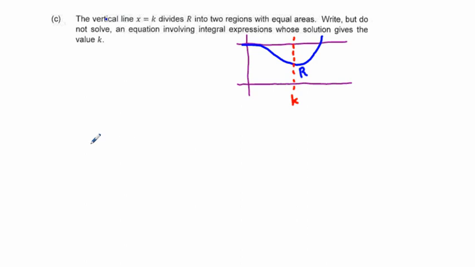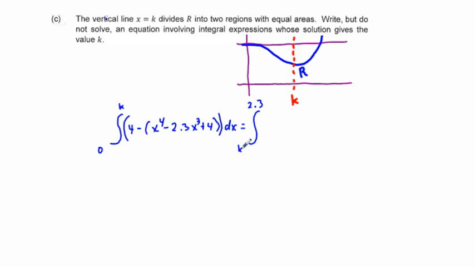So we can say this area from 0 to k of 4 minus x to the fourth power minus 2.3 x cubed plus 4 dx is going to have to equal the area from k to 2.3 of the same thing. We have 4 minus x to the fourth power minus 2.3 x cubed plus 4 dx.